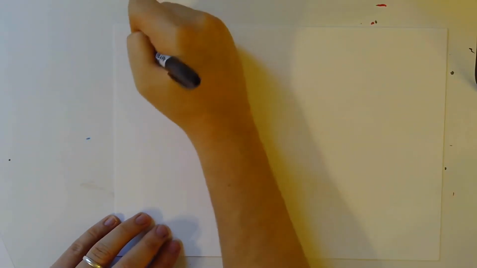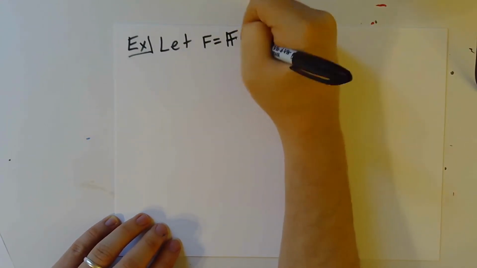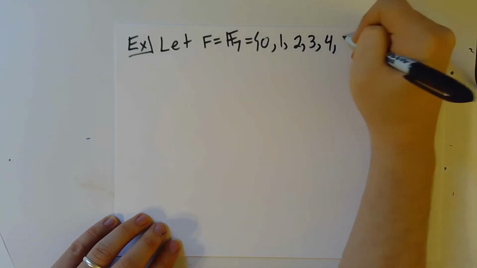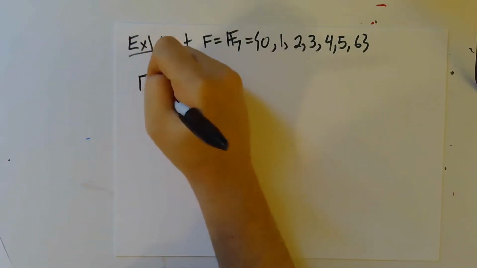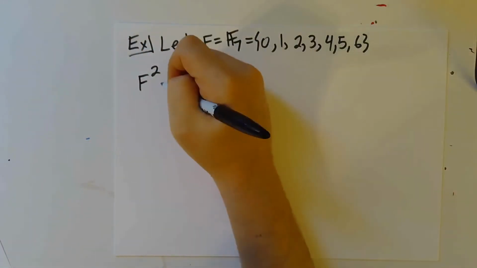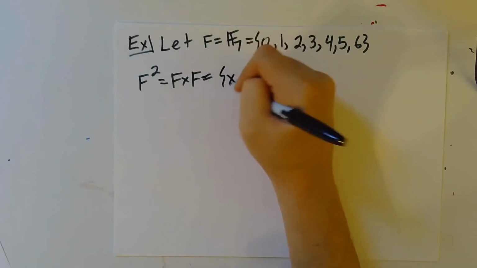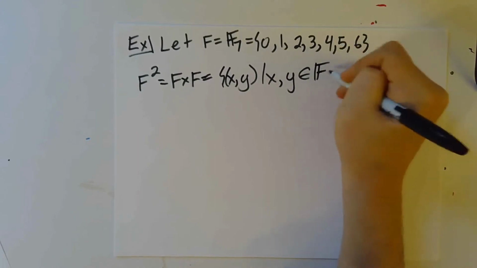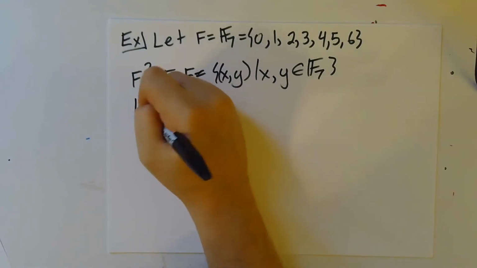So let's let F be F7, which remember is just the set 0, 1, 2, 3, 4, 5, 6. Then F squared, or F cross F, my point set, is the set of (x, y) where x and y are in F7. This is now a finite set. In fact, how many elements are in this set?